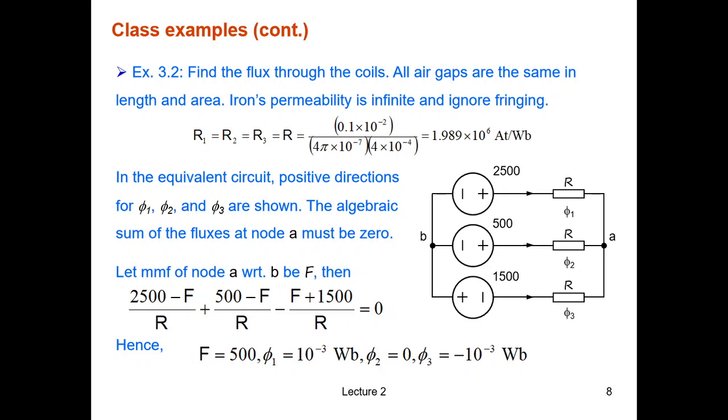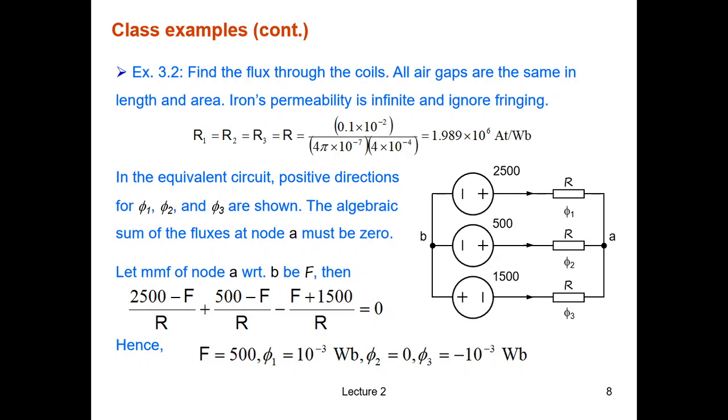And in example 3.2, we need to find the flux through the coils. We have 3 coils in the structure, and all the air gaps are the same in length and area, and we also ignore the core reluctance and the fringing.